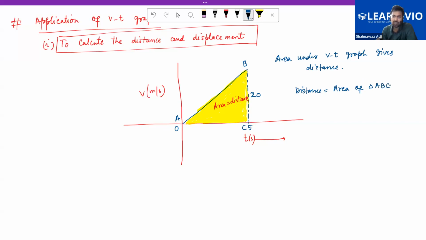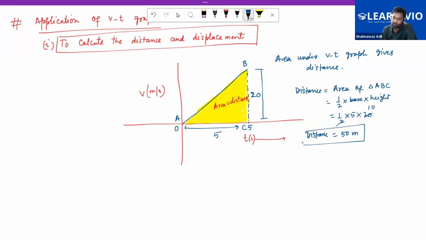That is the area under the curve. That would be half base times height. Half base is this distance, which is 5. Height is this distance, which is 20. So this is 10 times 20, which is 50 meters. So this would be the distance. This is the first question.